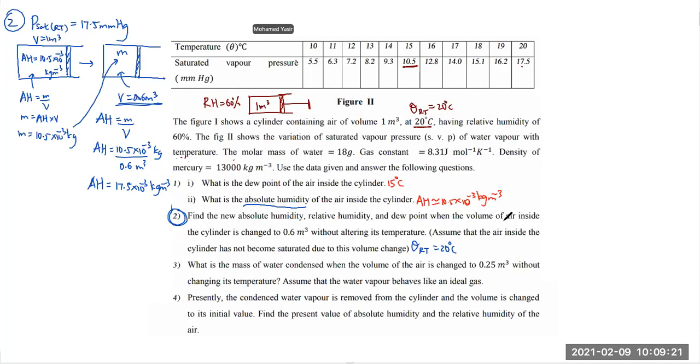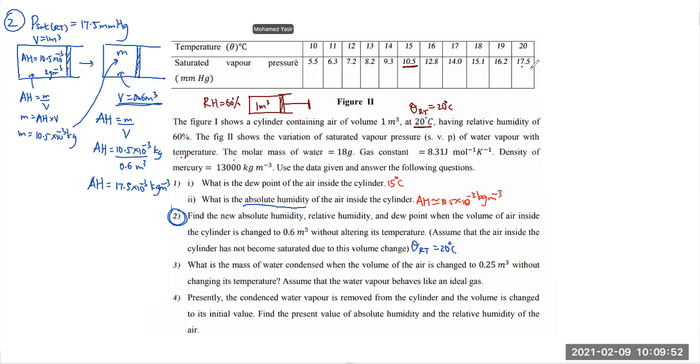Okay, but they are saying air inside the cylinder has not become saturated due to its volume change. But now the relative humidity is going to be 100, people, because we are getting the same answer, no? 17.5. Yes, correct, 105 divided by 6 is 17.5.